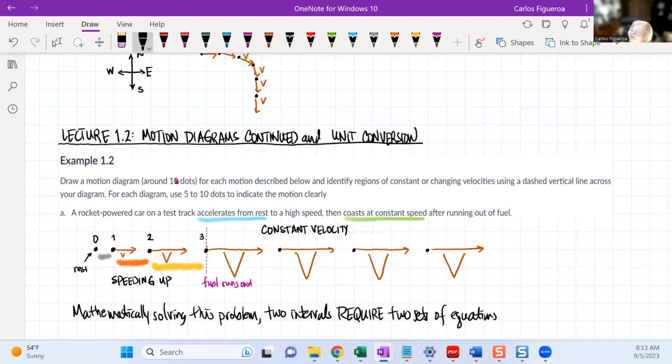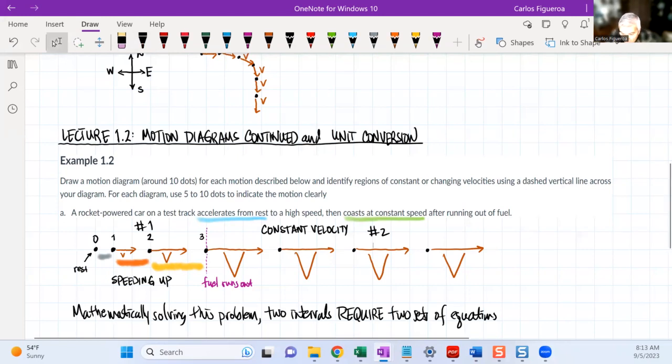In other words, if I look at this interval number 1, and then I look at this interval number 2, this picture tells me how to set up my equations. That's why the picture is so important. Okay? That's why the picture is so important.